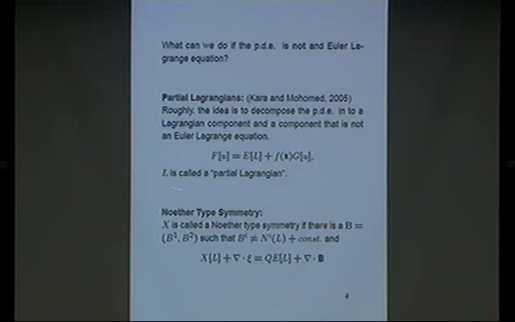And the answer, well, what you do is you define what they call a Noether type symmetry. Now, the idea behind this symmetry is you go hunting, basically, for a function b here, and you have this type of identity. You can find a b such that you can get away with this.